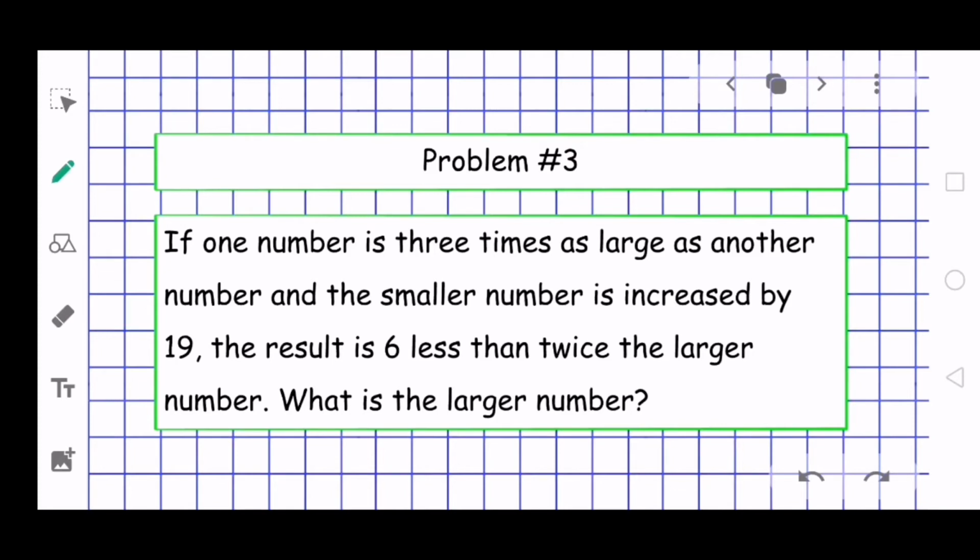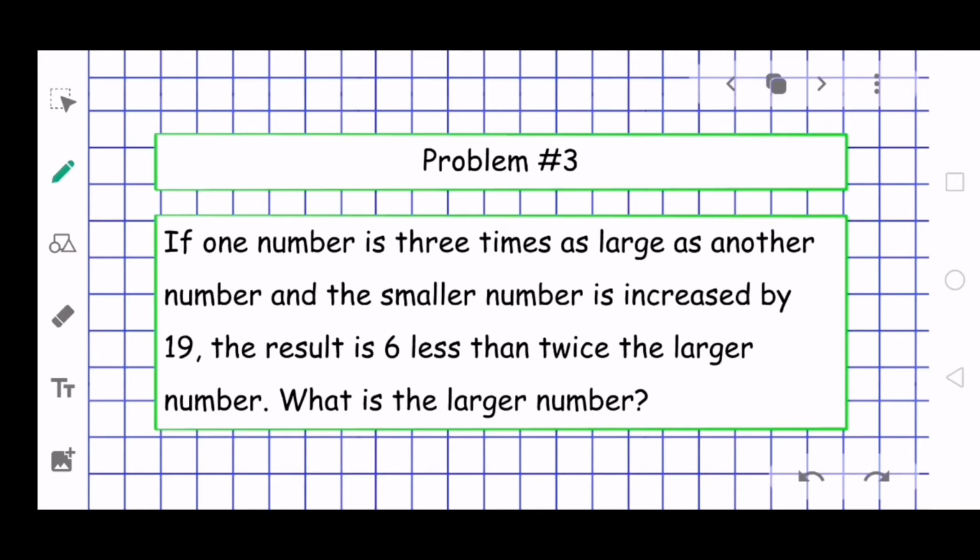So let us now proceed to answering our third problem. If one number is 3 times as large as another number, and the smaller number is increased by 19, the result is 6 less than twice the larger number. What is now our larger number?